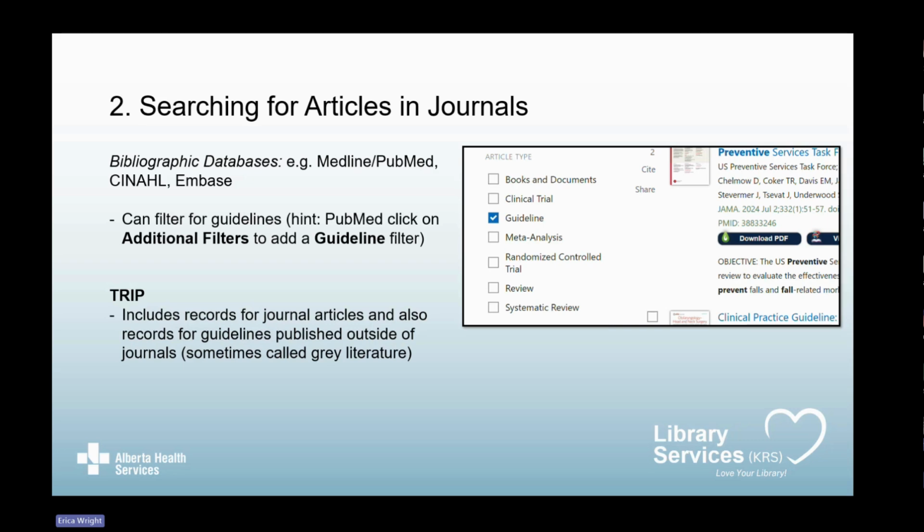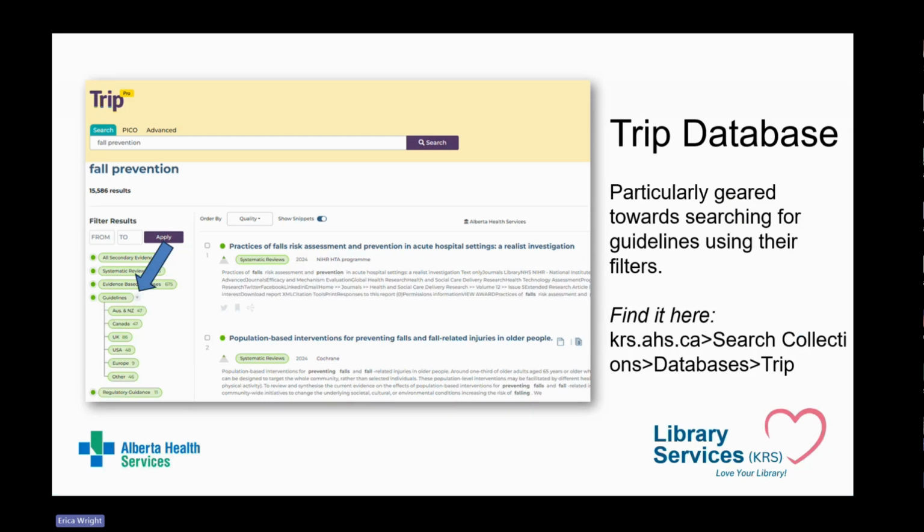I just have another screenshot for you of this interface. So it's a very simple search box. So you can just put your search in. And then the filters on the side are specifically set up so you can filter for guidelines and even from different countries or jurisdictions.